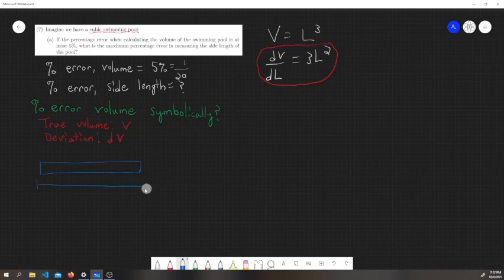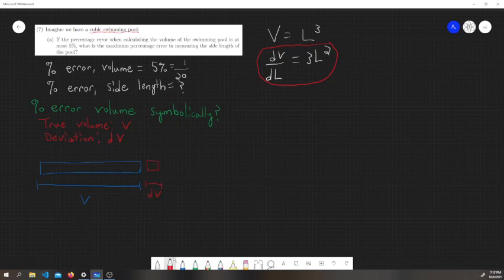Got a little excited. It's going to be V, right? So this is if you're looking at one side of the swimming pool sort of edge on. So the error is going to be a little nudge that is dV.